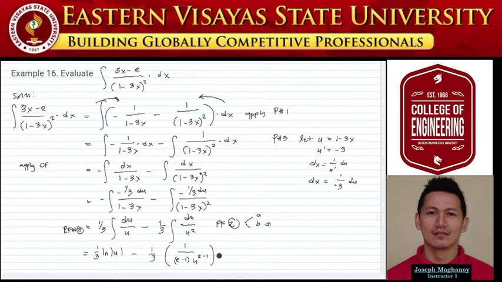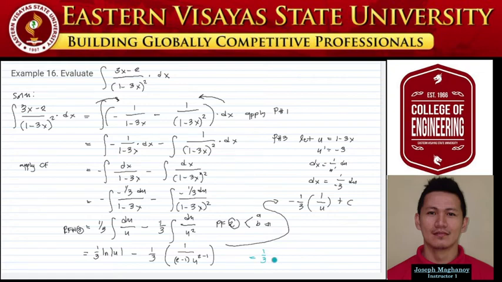Continuing, there is negative 1/3, 1 over U plus C. So finally, we can rewrite our final answer and we recall the value of our U.